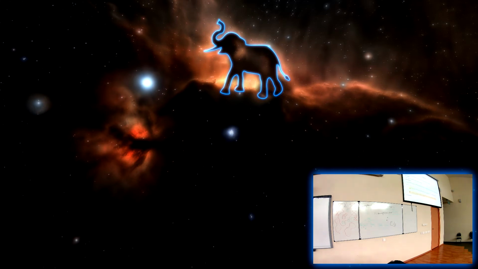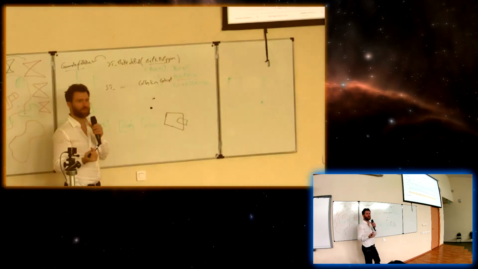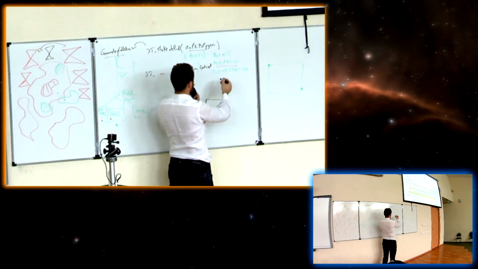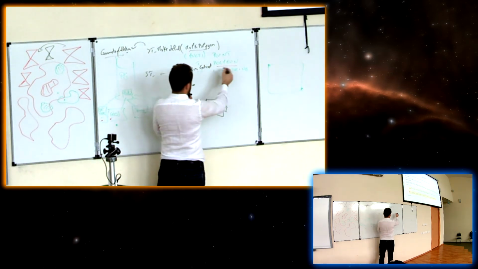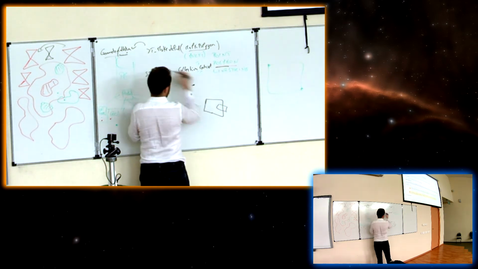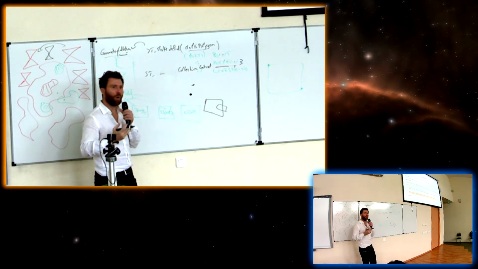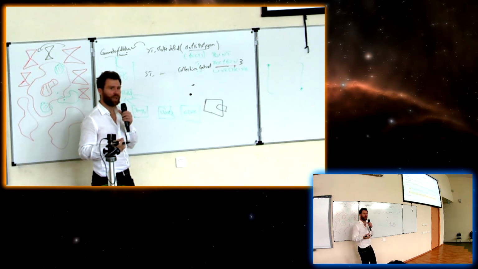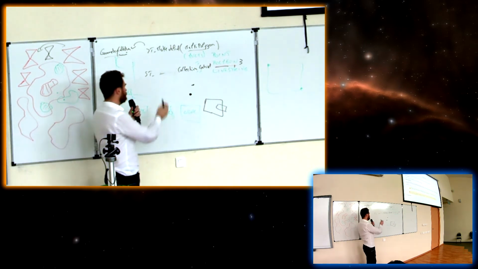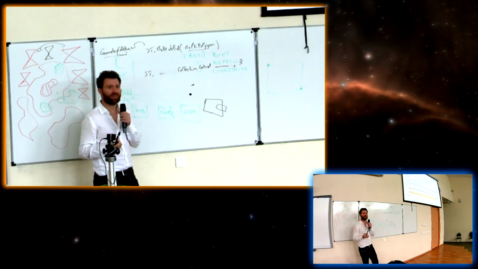ST_CollectionExtract, and with it you can grab only, for instance, the area part, the surface part of your geometry collection. So ST_CollectionExtract on this one, and the parameter for the surface is 3, and you want to retrieve all the surface. In most cases, it will be good to perform the validity transformation, but in some use cases, it's not enough.